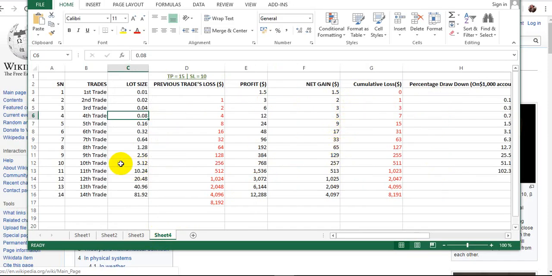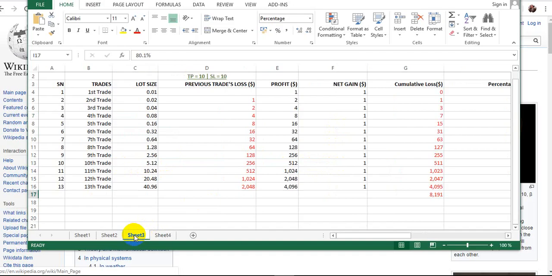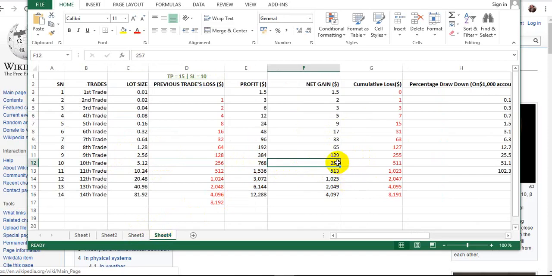As a matter of fact, by the 10th trade, we're making $257. Now compare that with how much you are making here: $1, whatever. So you see that it is so much better. You're making so much more. So this is very nice. As a matter of fact, if this gets to the 12th trade, you're making $1,000.